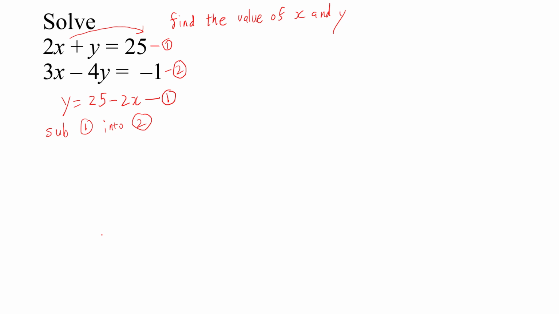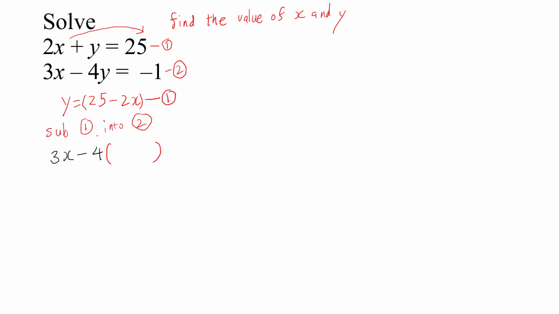So how do I do this? Since the second equation is 3x minus 4y, because there's a minus here, we must take extra care to bracket the y.